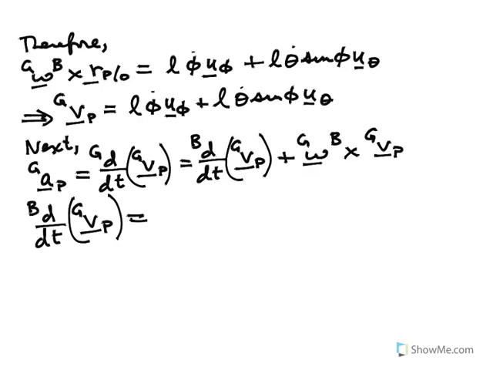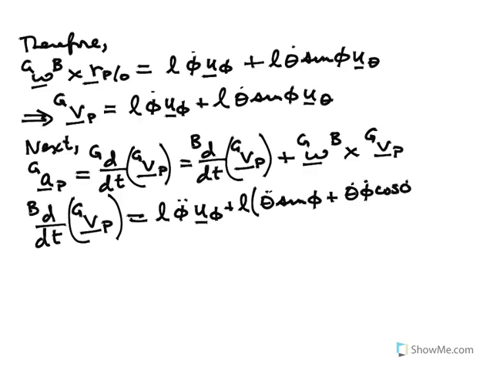What do we get? Well, L is constant, so I get L phi double dot times u phi plus L times theta double dot sine phi plus theta dot times phi dot times the cosine of phi, times u sub theta.